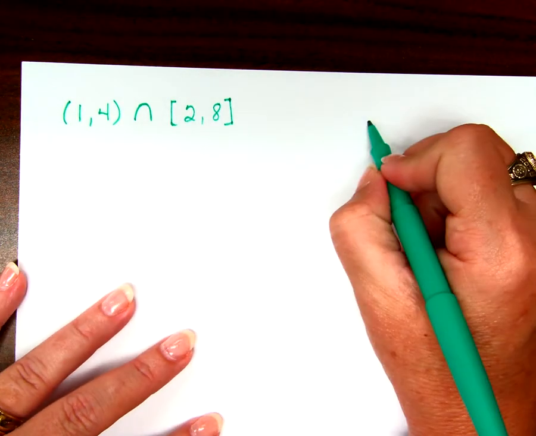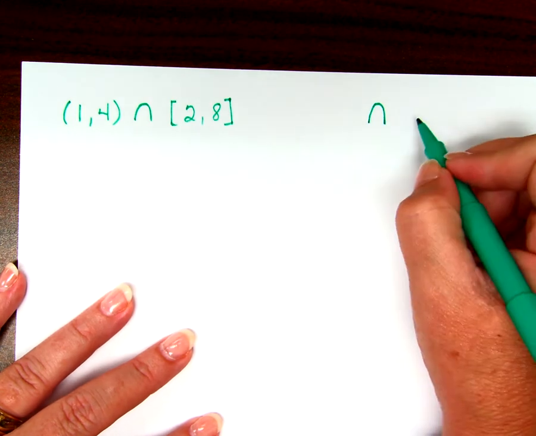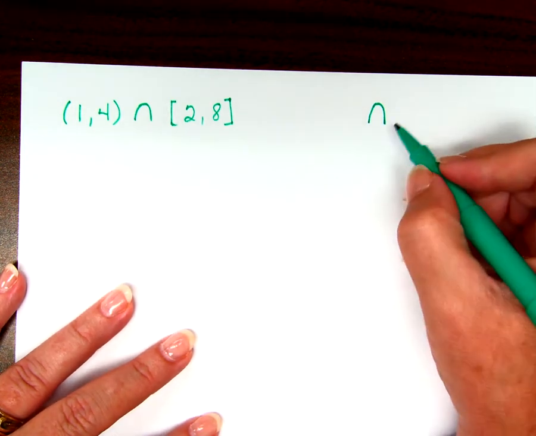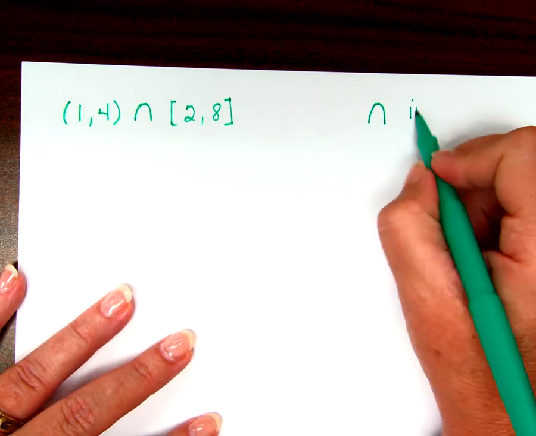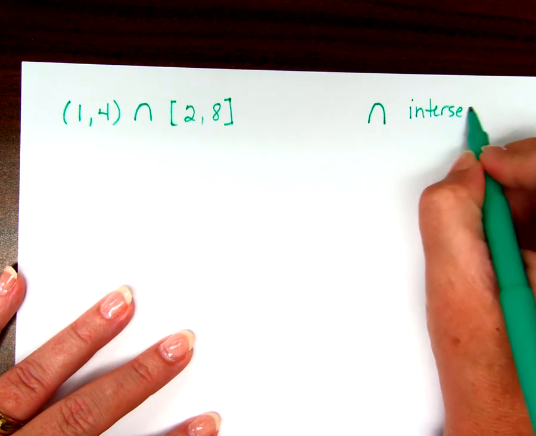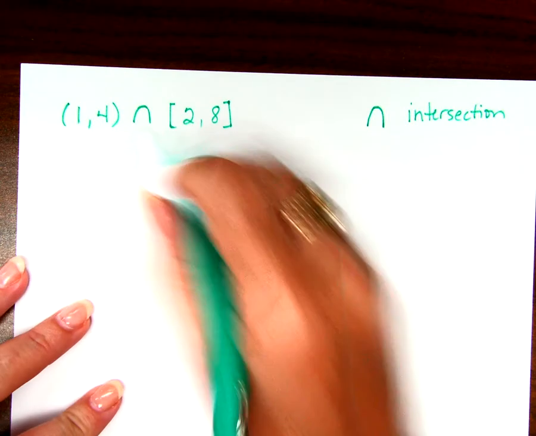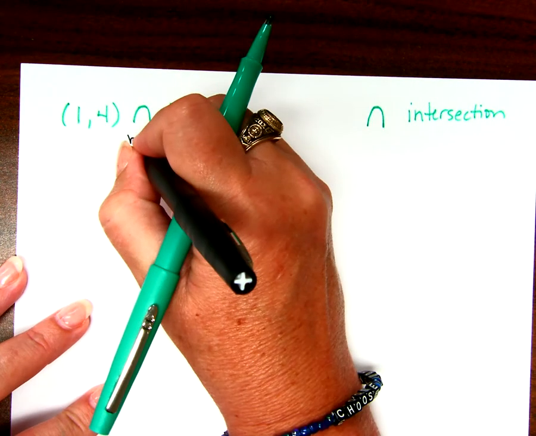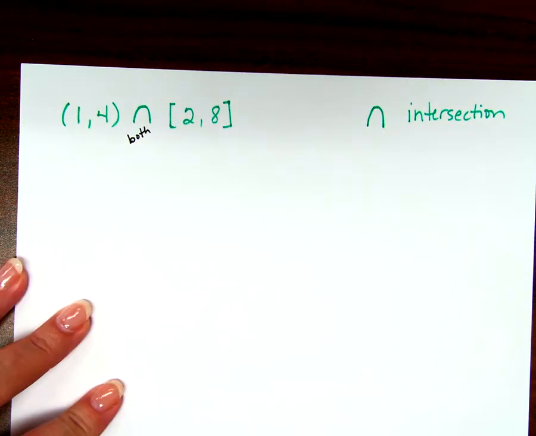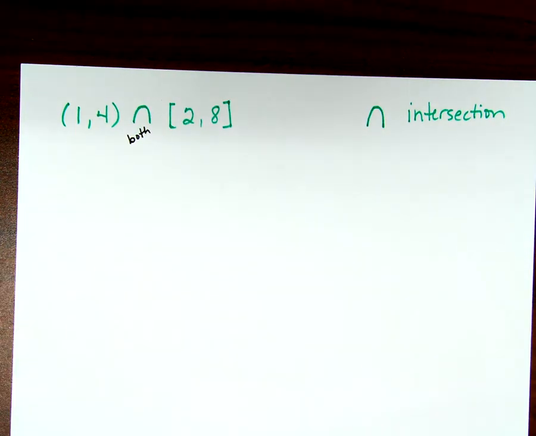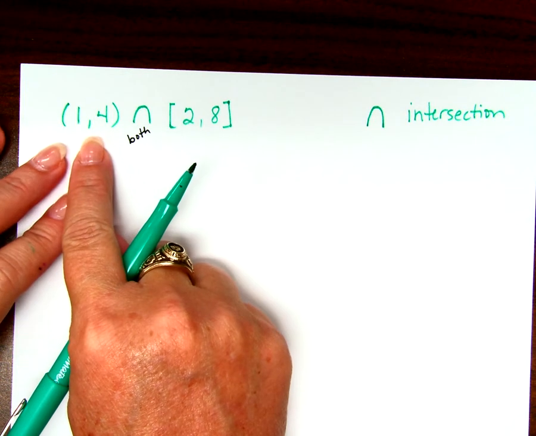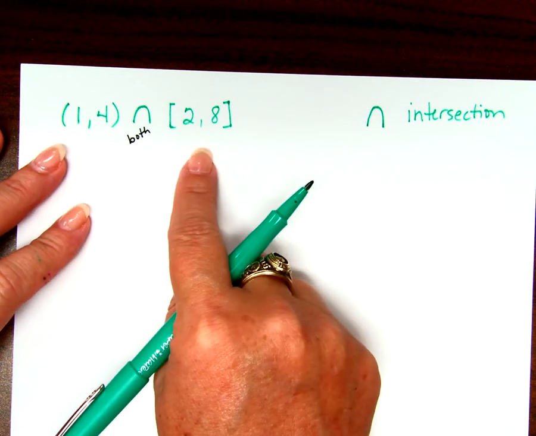So first of all, this upside down U, like a frowny face, is an intersection. Okay? This means it has to be where they both live. Sometimes the easiest way for people to see this is on a number line.